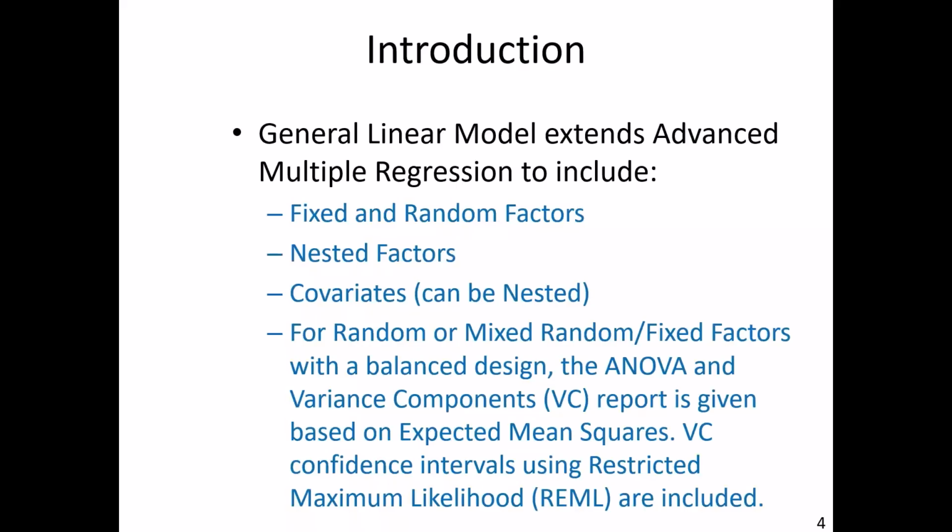So it's taking the advanced multiple regression and just adding a bunch of new features to it. The focus is on the variance components report. If you have random factors, we're interested in the variance components report because that allows you to break out the sources of variation or do advanced measurement system analysis studies.